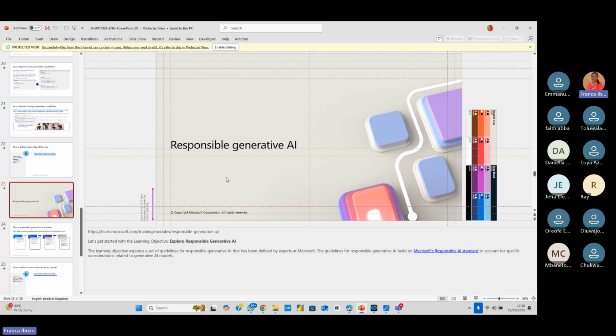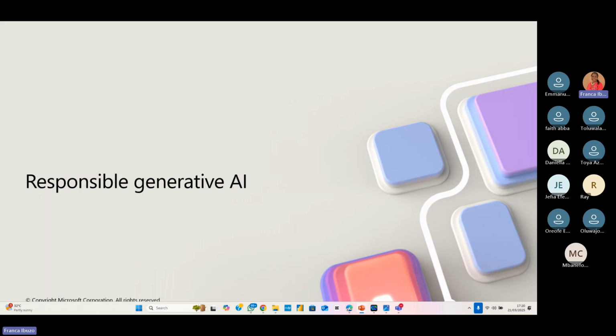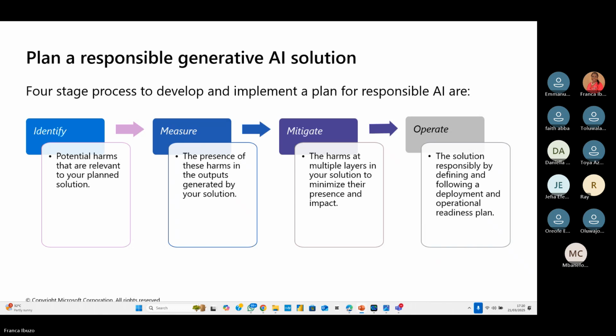Okay, so let's look at responsible generative AI. Plan a responsible generative AI solution. A 4-stage process to develop and implement a plan for responsible AI.